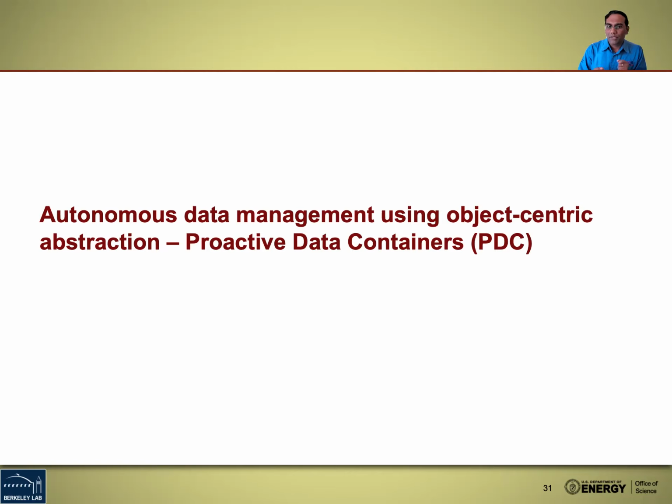But we have been thinking about, is it really needed for the user to maintain all the files and how the data is laid out in those files? So we have been looking into whether we can take the memory object that is stored in the application space, and use that object abstraction as the first-class citizen for storing the data.